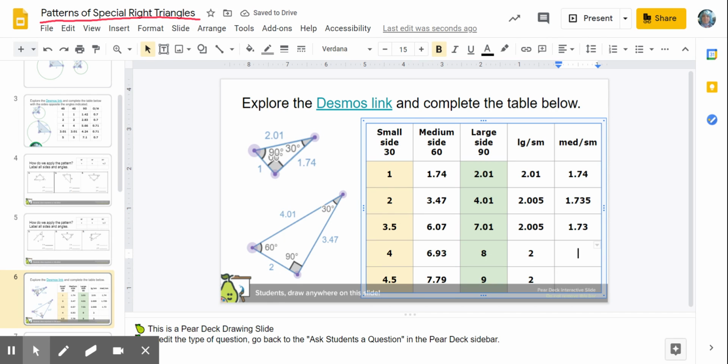Awesome. And then last one, what do we got? Do we get 1.73 again? Okay. And 7.79 divided by 4.5?